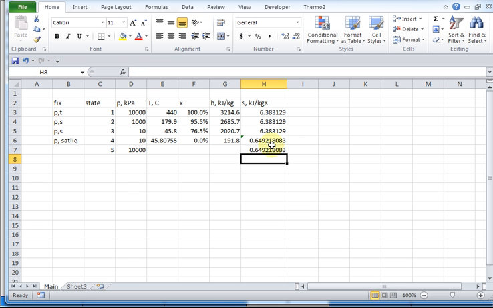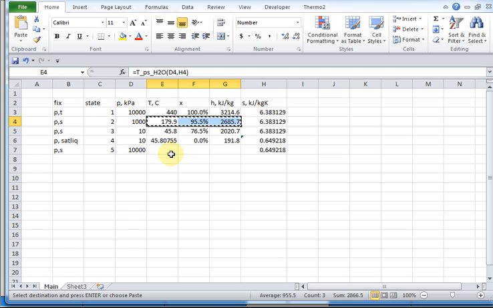It is. And here's the little advantage of the computer software, because now this state 5 is fixed by pressure and entropy, true? It's just like 2. What I could do is copy these 3 cells, paste them right there, and it shows me, first of all, it's now compressed liquid, so 0%.